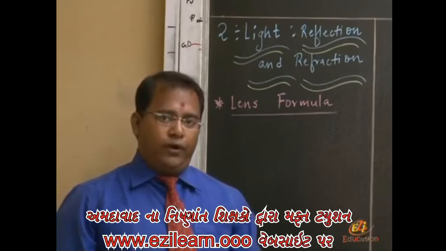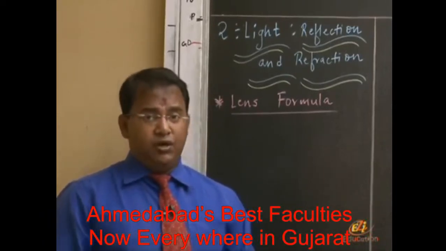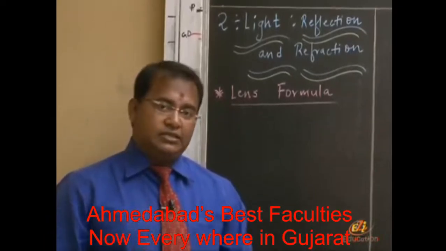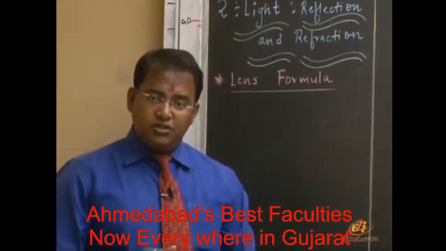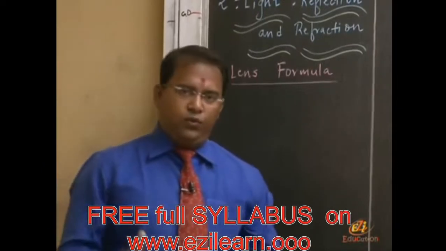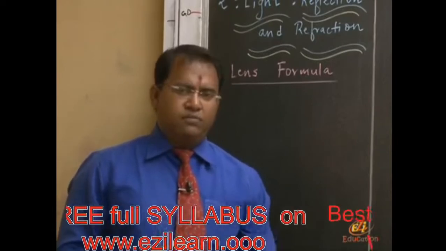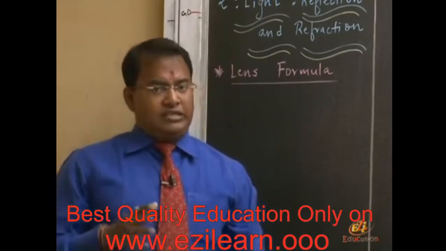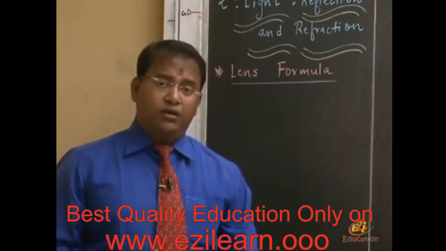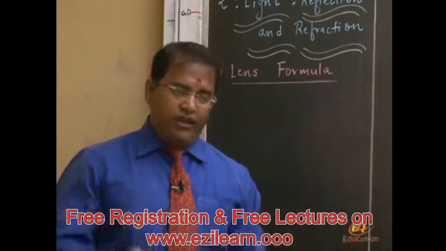So lens formula is a formula giving the relation between object distance, image distance and the focal length. If anyone asks you what is the definition of lens formula, the definition is very simple. Lens formula is a relation between object distance, image distance and focal length.